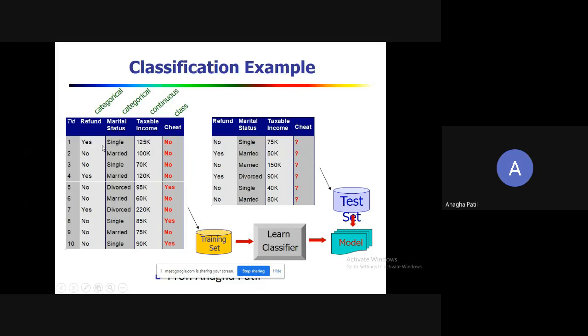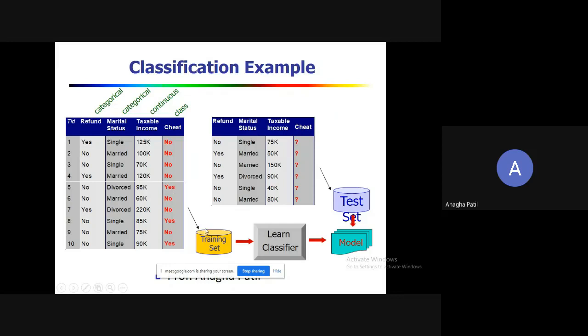Let's say that if the refund is yes and marital status is single and taxable income is this, then cheat is no. So we need to analyze this. What we are saying is that whatever the marital status, whether single or married, and whatever the taxable income, and the refund can be either yes or no, your cheat class would be no. When the marital status is divorced, then and only then, independent of the attributes refund and taxable income, the class label predicted is yes.